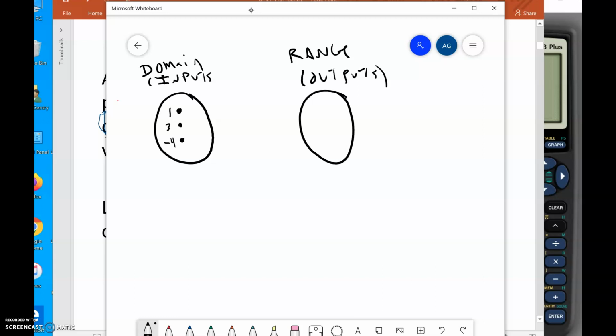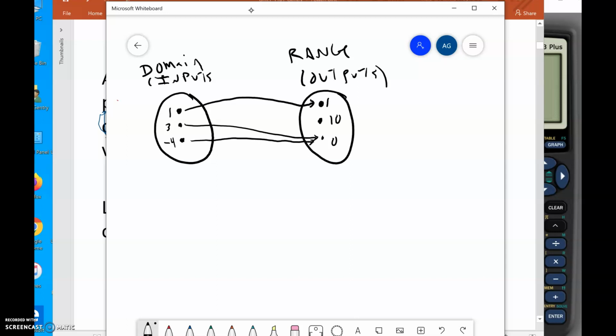And over here, I want to have some other elements for my range. So there's another 1, and let's say 10 and 0. So let's say that 1 goes to 1, and let's say that 3 goes to 0, and let's also say that -4 goes to 0.